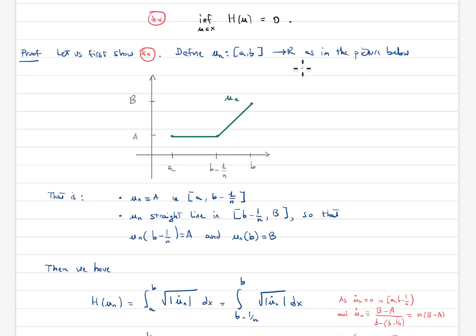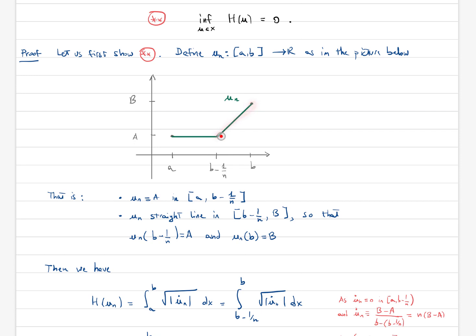So we want first to show that the infimum of H over X is given by 0. So let's define this function here, as in the picture. So basically from A to B minus 1 over n, the function is constantly A, and then it transitions to the value B in this very small space, which is of length 1 over n. So from B minus 1 over n to B, this is just a straight line connecting this point to this point here.